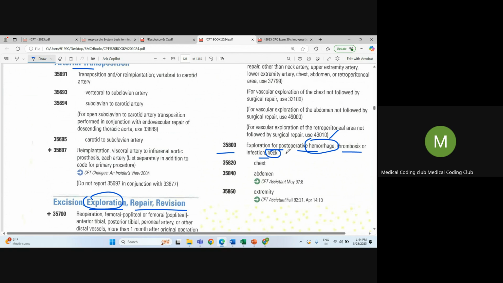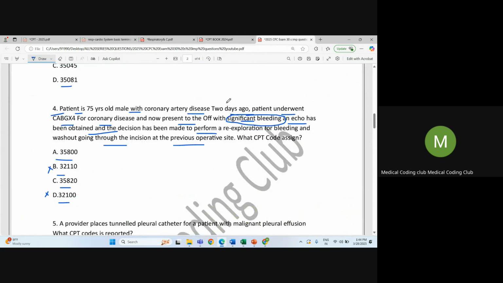Post-operative is nothing but after a particular surgery. They have performed CABG. After 2 days, the patient has developed hemorrhage. Hemorrhage is a post-operative complication. 35800 is the neck location, and 35820 is the chest location. 35840 is abdomen, 35860 is extremity. In our question, I think this is for chest.